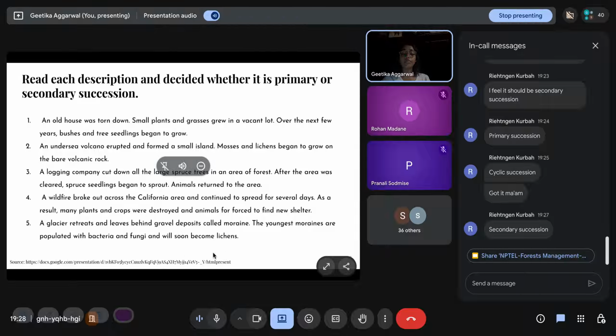This would be an example of primary succession, because as we discussed, now there is nothing but gravel deposits left behind, and because they're getting populated by bacteria and fungi, which are the pioneer communities, it's primary succession, because we're starting with an area which does not already have soil.